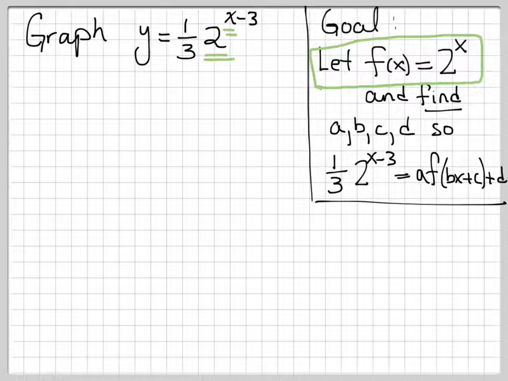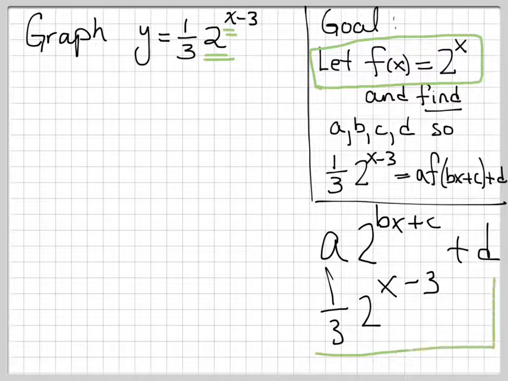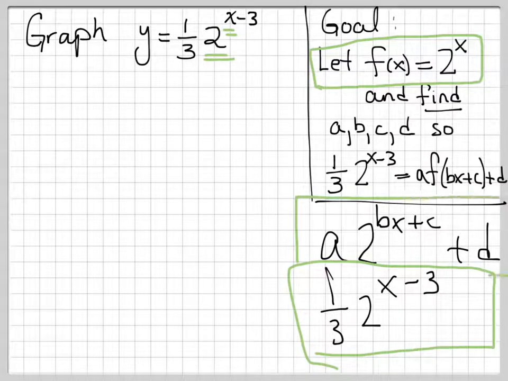And so if you write a times 2 to the bx plus c plus d, and you write 1/3 2 to the x minus 3, right? This is the one you want to graph. And we need to identify the a, b, c, and d.